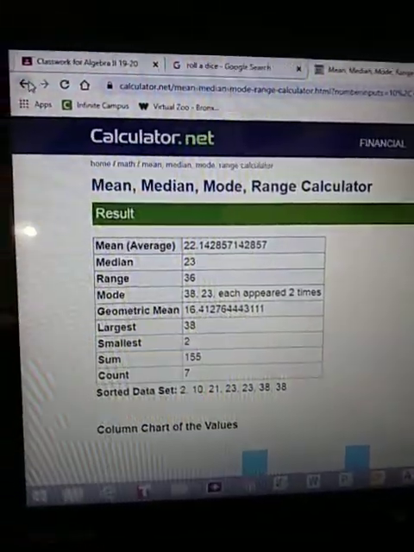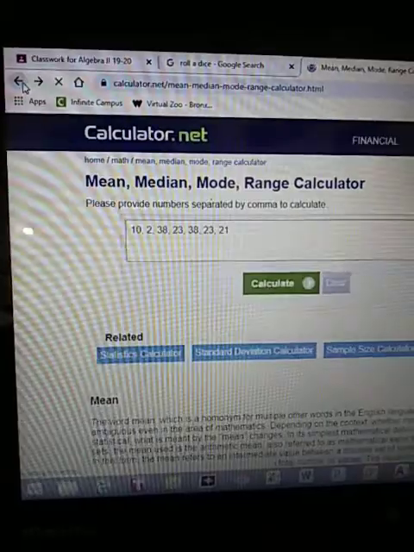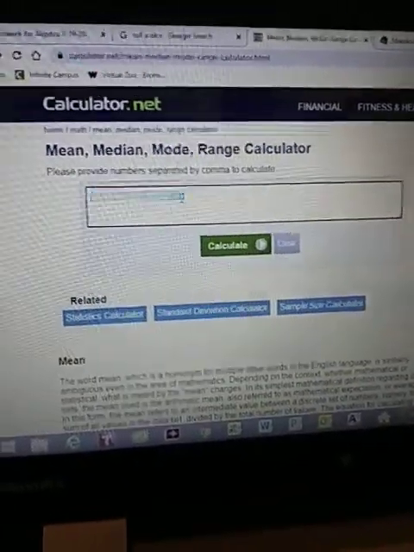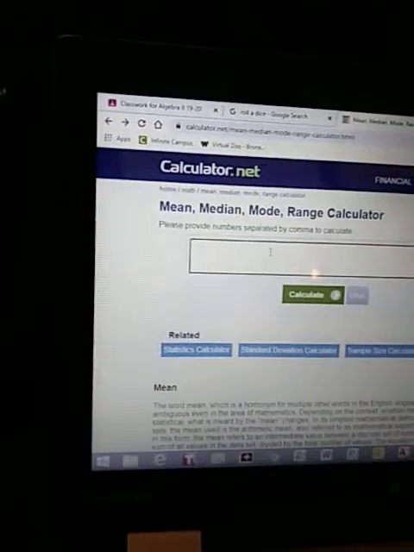So what I'm going to do is click the back button. Okay, and when you come up here, just enter your numbers. So I had my numbers here.